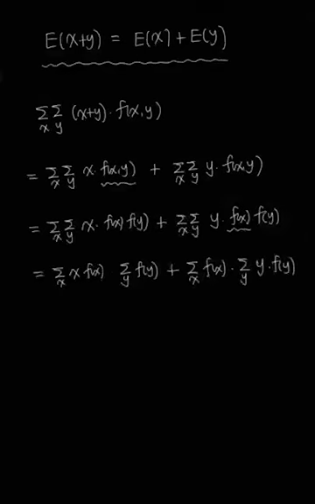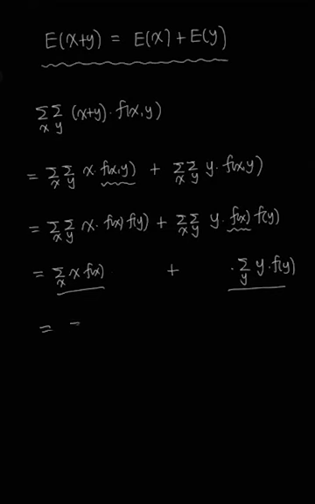And by the definition of probability, we know that the whole summation of probability is 1, and this also is 1. So we can erase this because it's 1. So those two are left.